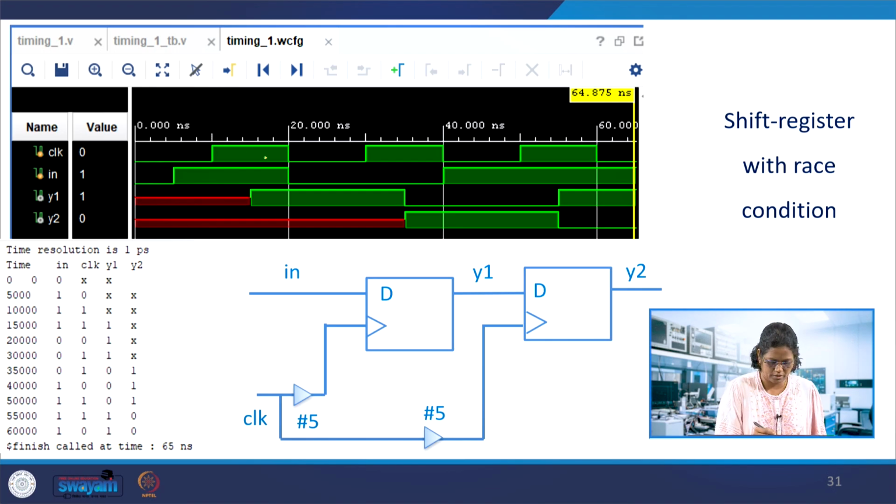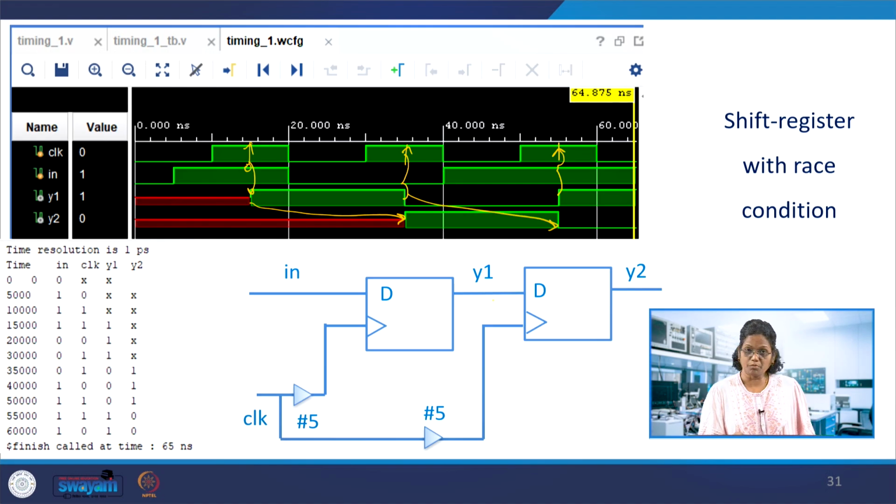So here the clock delay can be taken over this point. You can see this is sampled and assigned, this is sampled, assigned, and this is assigned over here, whereas y2 is getting the value of y1 later. Okay, so not because of the non-blocking assignment. This race condition can occur only when there is a data change at the clock edge.